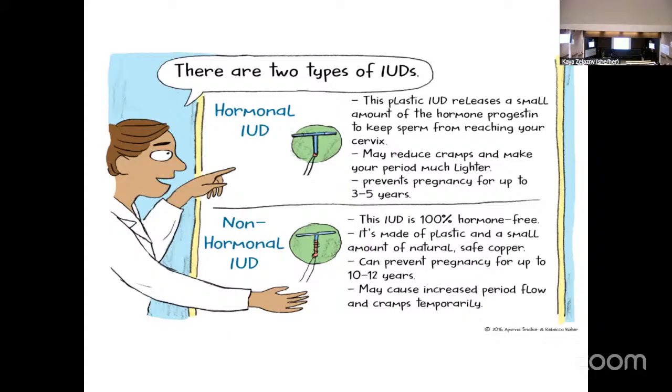There's also a non-hormonal IUD made of copper. So this isn't releasing any hormones at all. What it's doing is using the effects that copper has on the environment in the uterus to decrease the rates of pregnancy here. That one, unfortunately, can cause increased period flow and increased cramps.